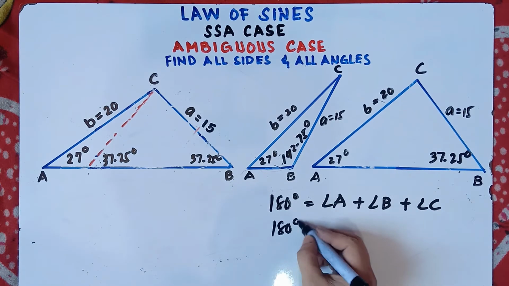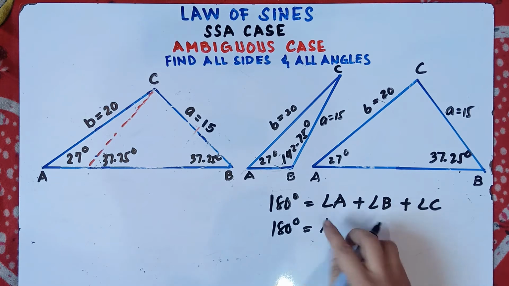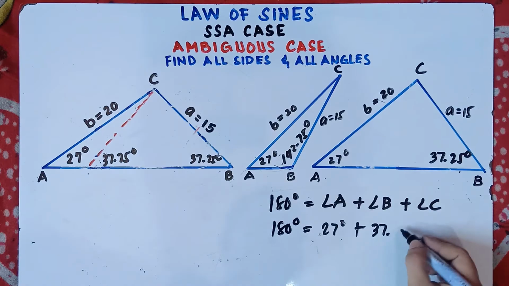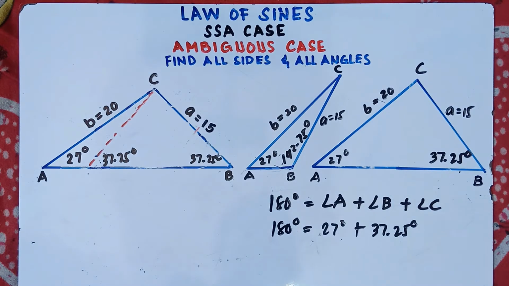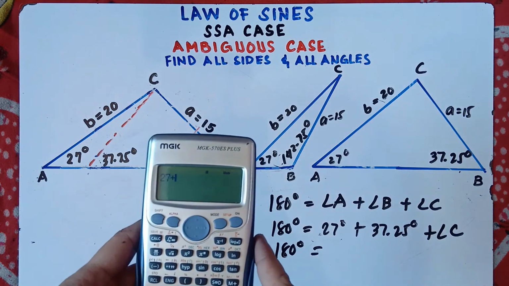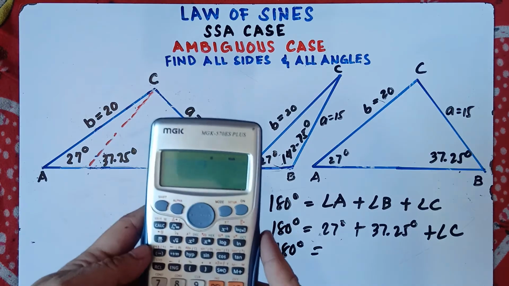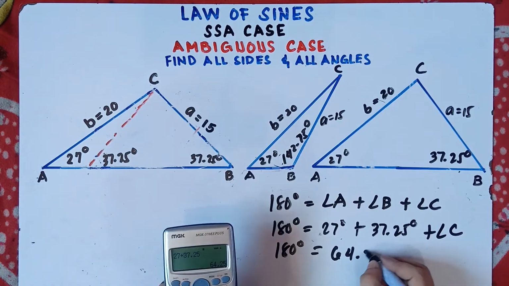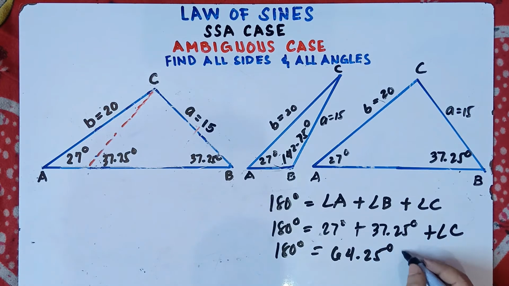So 180 degrees equals, we have angle A, that is 27 degrees, plus our angle B, that's 37.25 degrees, and we don't have angle C, plus angle C. So 180 degrees equals, we can add this up, 27 plus 37.25, that would be 64.25 degrees, combined like terms, plus angle C. So to get angle C, we can just simply transpose this one from right to left.